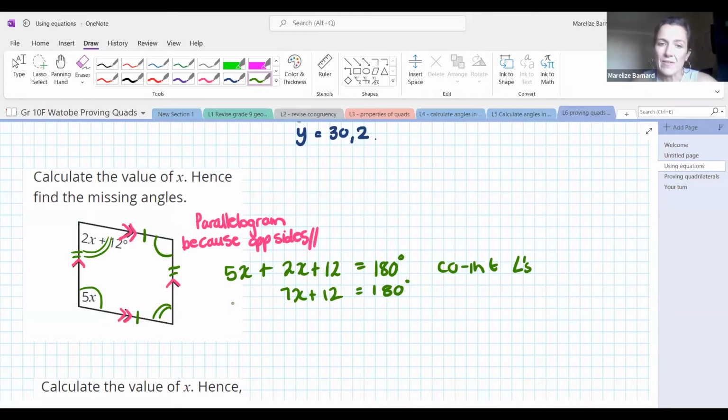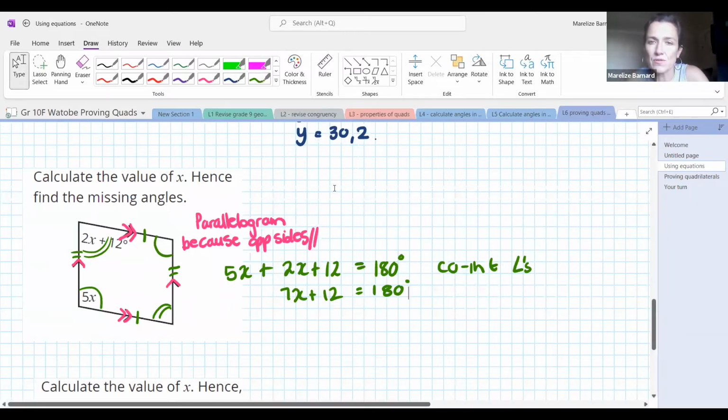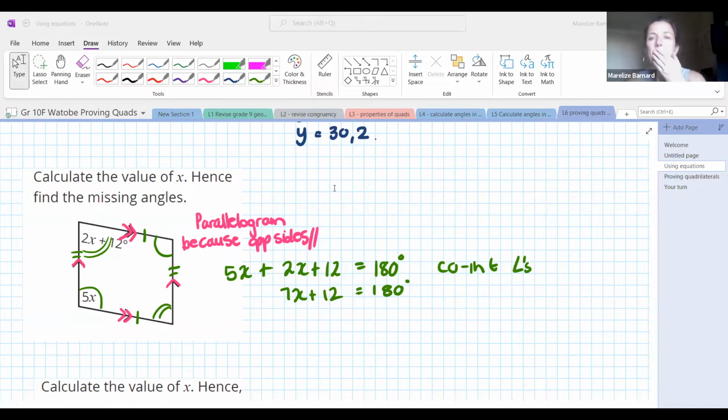Okay, so we have 7x plus 12 is 180. Let's solve for x. Pop it in the chat when you know what x is after you've solved the equation. Lydia's super quick.